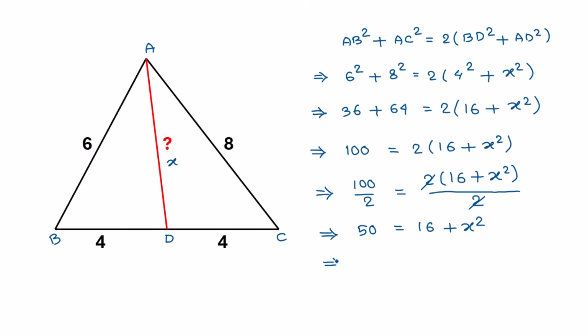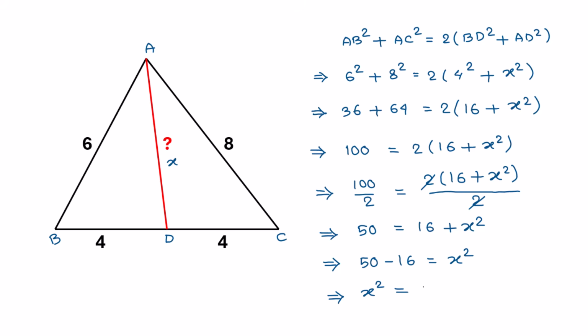Or taking this 16 to left side, we will get 50 minus 16 is equal to right side will remain X square. Or writing this right side, X square is equal to 50 minus 16, this is 34.